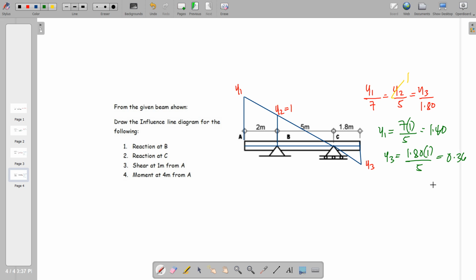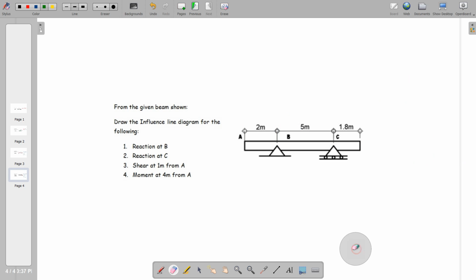So that is for reaction at B. Moving on to the reaction at C, we allow vertical movement at C by 1, and then extend that beam rotating at B, which will be also parallel to the overhang.